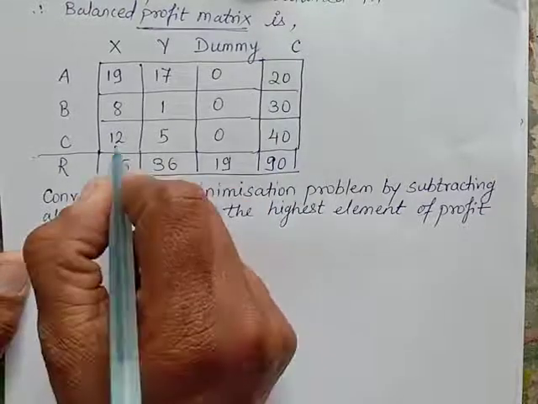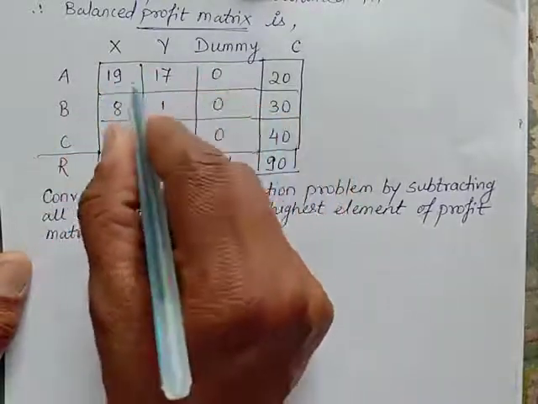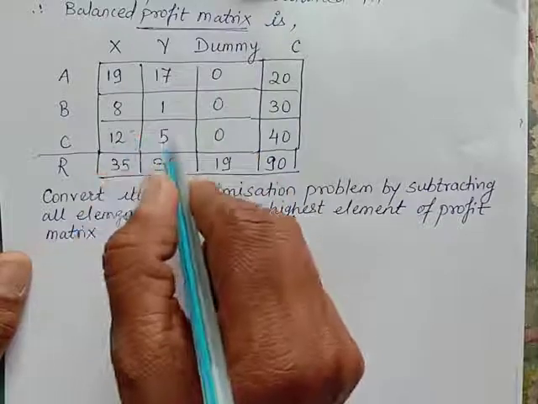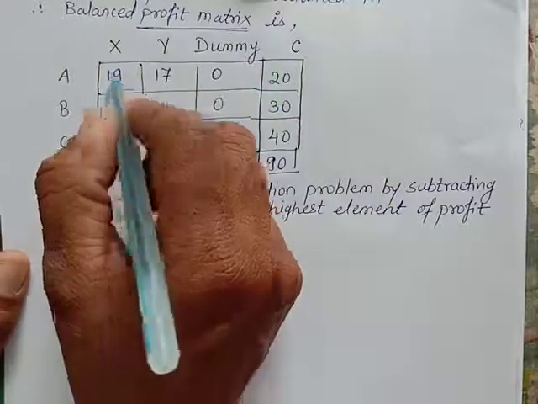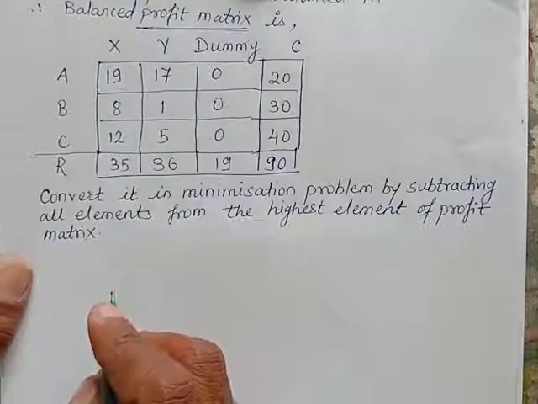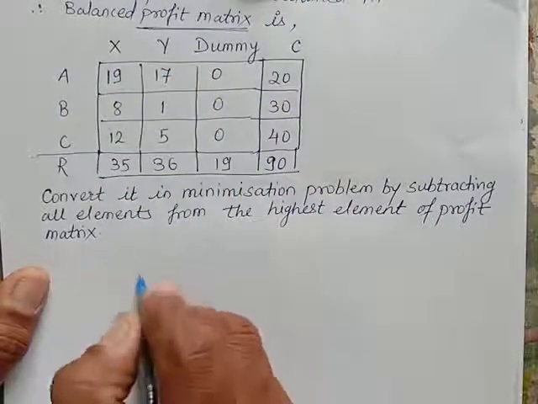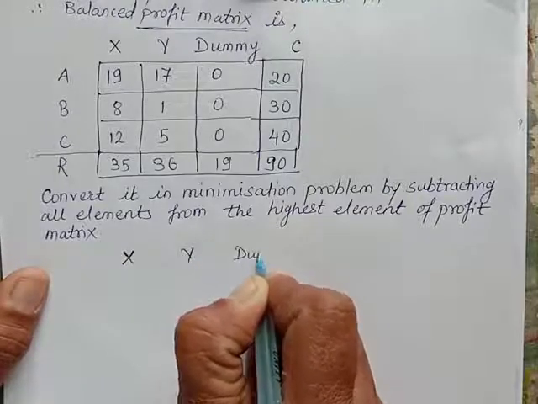Now the highest element of the profit matrix, we have to consider this matrix for that. So 19, 17, 0, 8, 1, 0, 12, 5, 0. Among these, 19 is the maximum. So we have to subtract each and every profit from this 19. So using that, we get the matrix here X, Y, this dummy as it is.